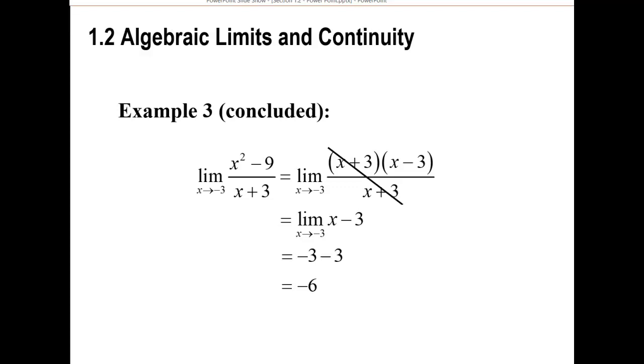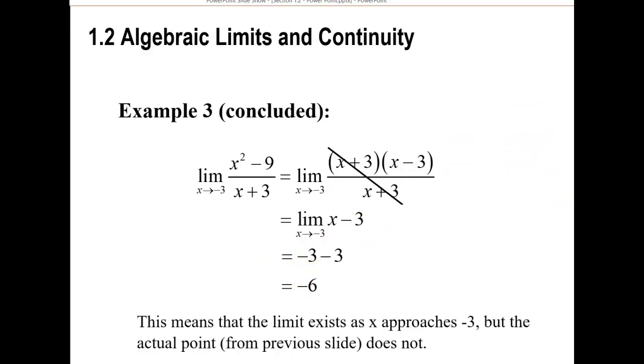So remember, even though this function is undefined at negative 3, it still has a limit as I approach negative 3 equal to the number negative 6. So the limit exists as x approaches negative 3, but the actual point does not. So there would be a hole in the graph if you were to look at the graph of this function.